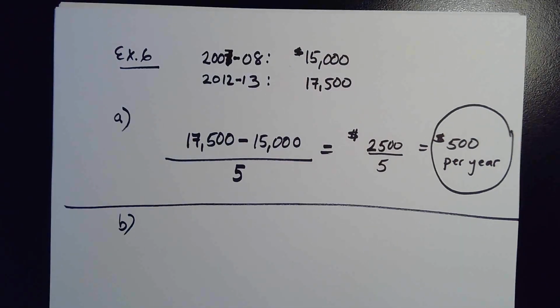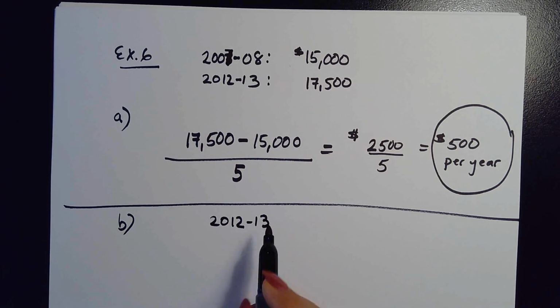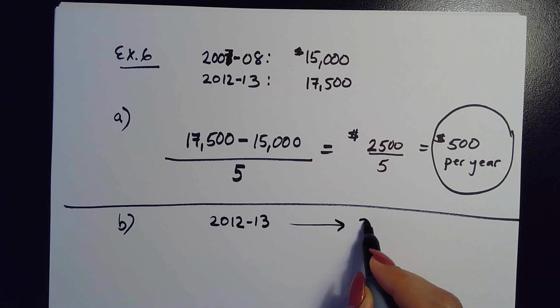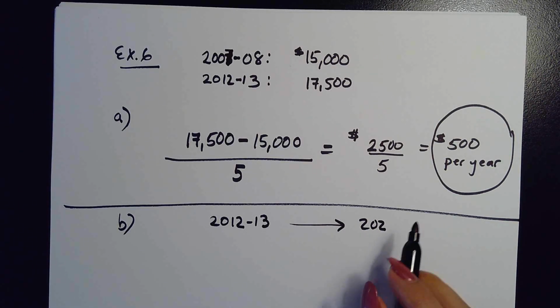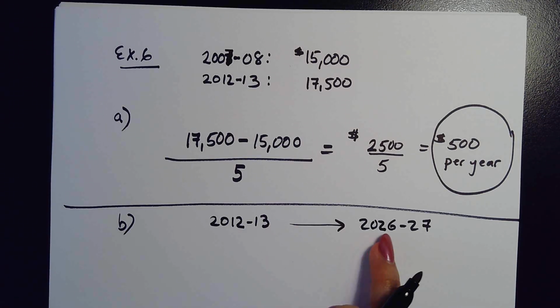So going from the last year that we looked at, 2012-2013, all the way to 2026-2027. How many years is that? It's going to be 14 years. Going from 2012 to 2026 is 14 years.